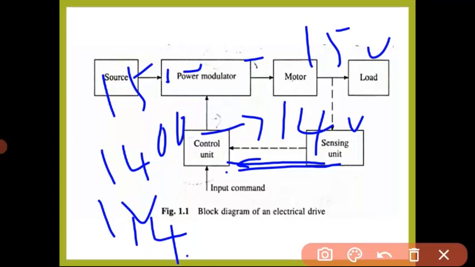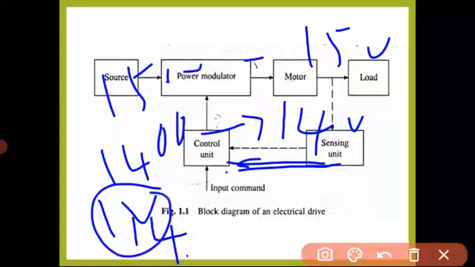This error of 1 volt corresponds to 100 rpm, because 15 volt means 1500 rpm, so 1 volt corresponds to 100 rpm, right?